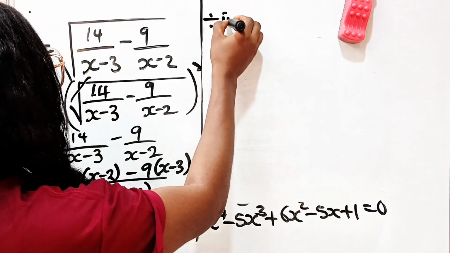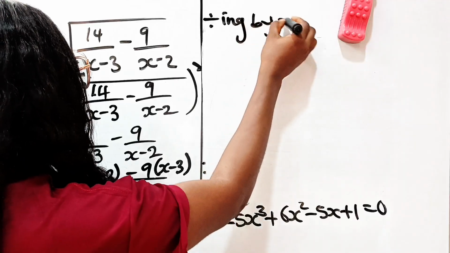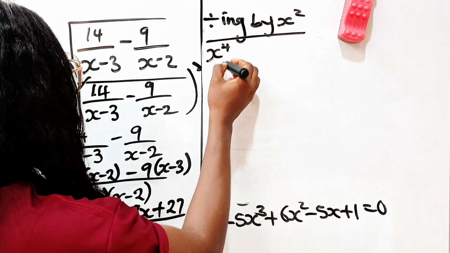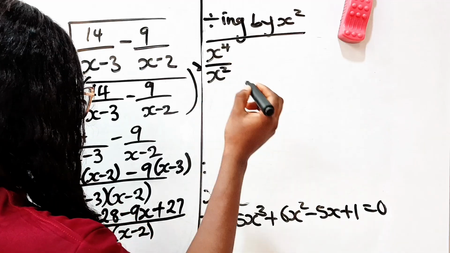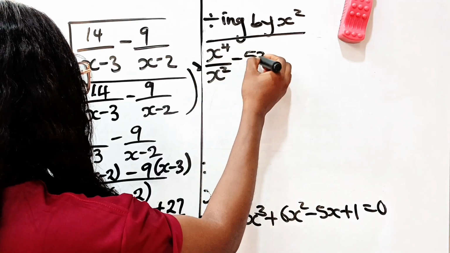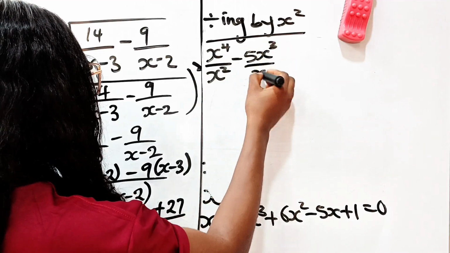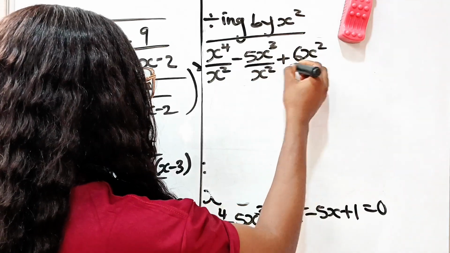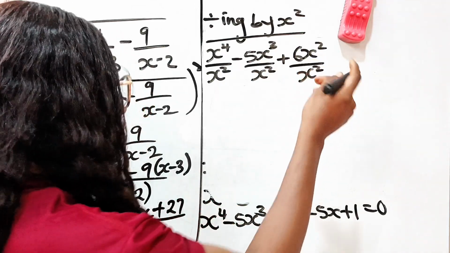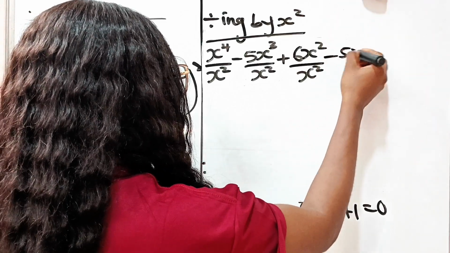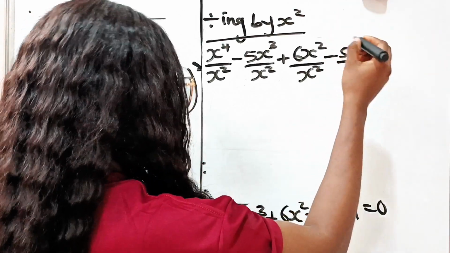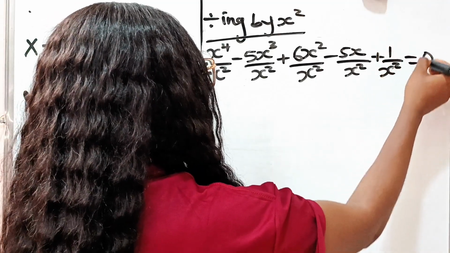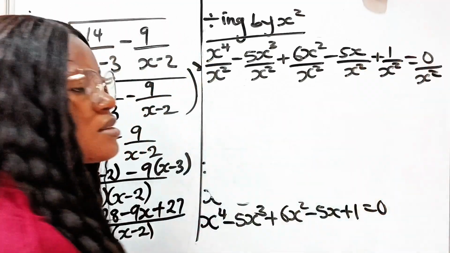So dividing by x squared, we will have x to the power of 4 divided by x squared, minus 5x to the power of 3 divided by x squared, plus 6x squared divided by x squared, minus 5x divided by x squared, plus 1 divided by x squared is equal to 0 divided by x squared.